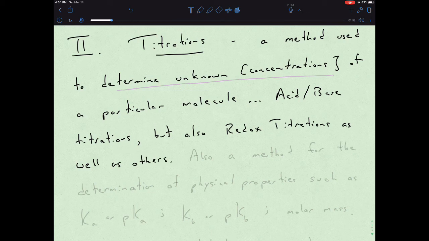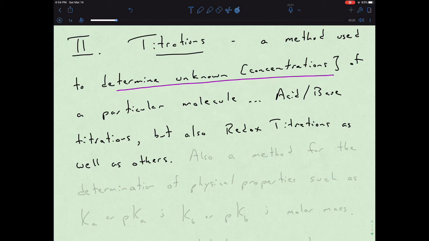So that's one of the main things that we see a lot with the use of titration, to determine an unknown concentration. We tend to use a lot of acid-base chemistry for those types of titrations, but we can also use gaining or loss of electrons, such as in redox chemistry, a topic that's coming up much later.